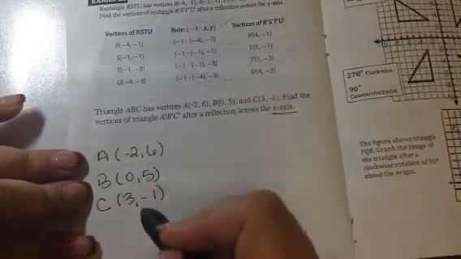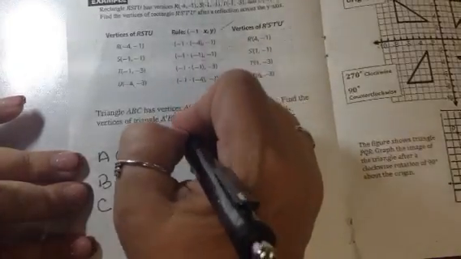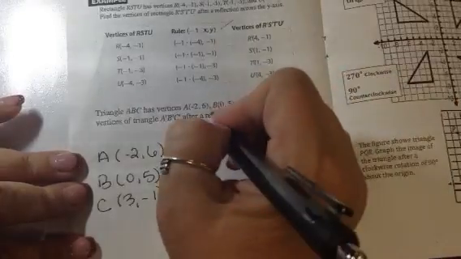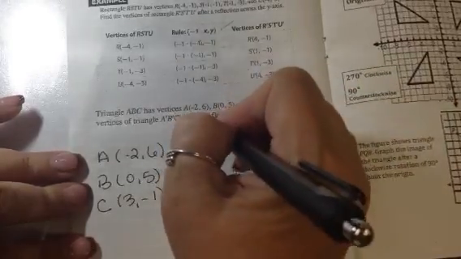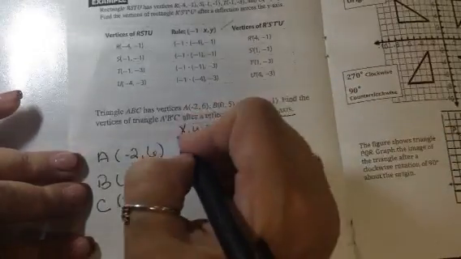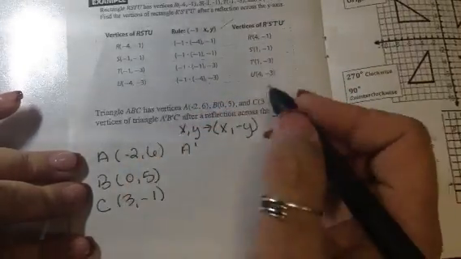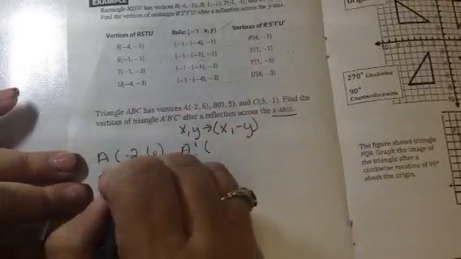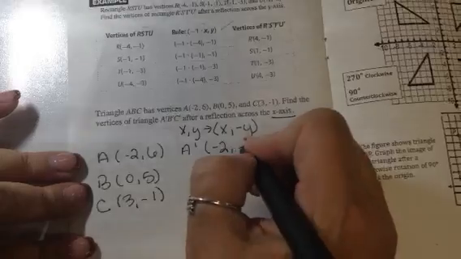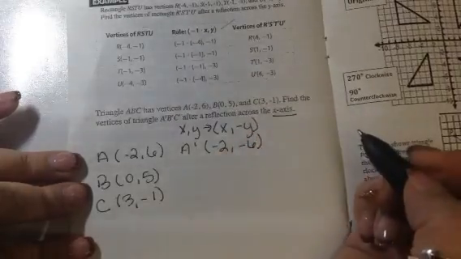If we remember from the notes earlier, our rule is x, y. And if we're going across the x-axis, then the y changes. So it's going to be x and a change in y. So if we look at A prime, we know our x stays the same, so it's going to stay -2. But our y is going to change to a -6.